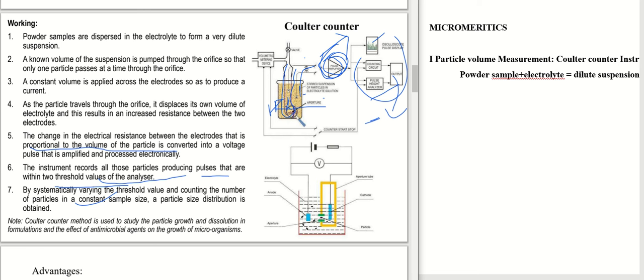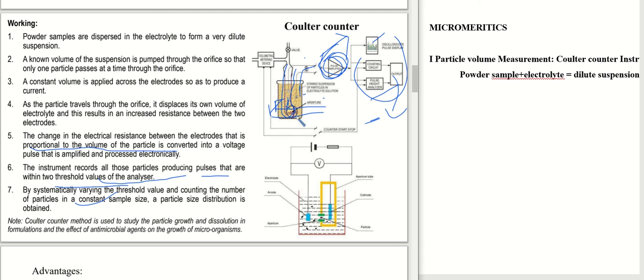Now suppose there are n number of pulsations or voltage changes seen, which indicates n number of particles passing through the orifice. The amount of voltage created, the respective change in the pulsations, represents the volume of the particle.